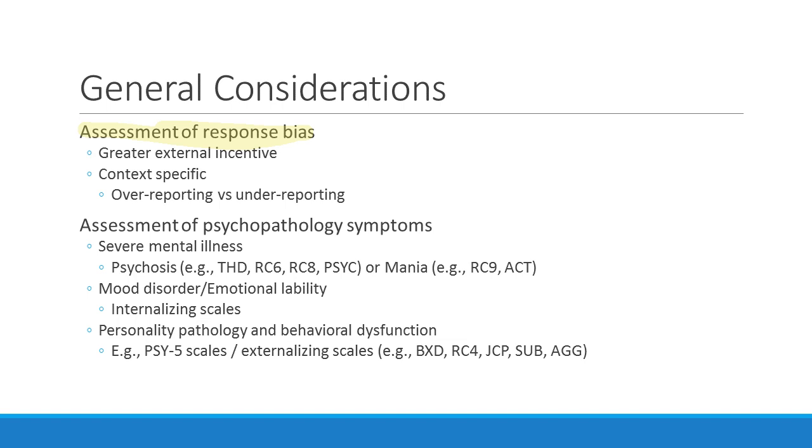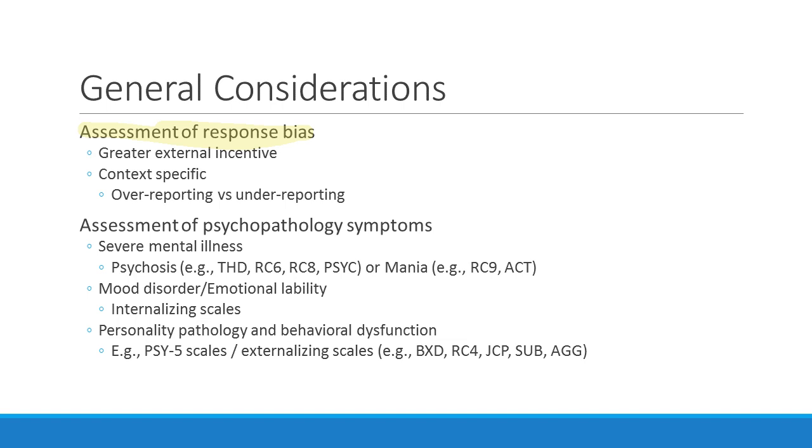In a risk assessment, for instance, an individual might want to be released from a hospital or be placed on parole. And those individuals, of course, would have an incentive to under-report potential problems. Similarly, in family court evaluations, you tend to see a great deal of under-reporting. So the context, of course, matters and needs to be considered when interpreting scores on the MMPI-2-RF, especially the validity scales.